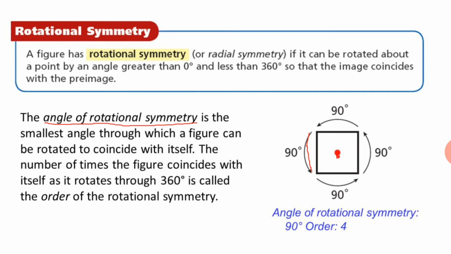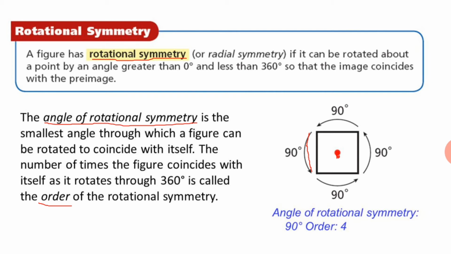So the angle of rotational symmetry is the smallest angle through which a figure can be rotated to coincide with itself. The number of times the figure coincides with itself as it rotates through 360 degrees is called the order of rotational symmetry. See here, look at this figure, a square. This 90 degree rotation, the smallest 90 degrees, is known as the angle of rotation. How many times does it rotate so that it matches with the pre-image or the original image within 360 degrees? That gives the order of rotation.